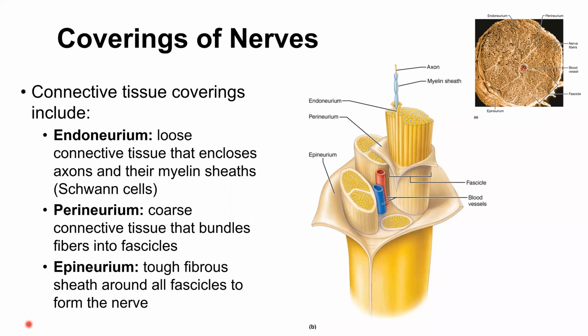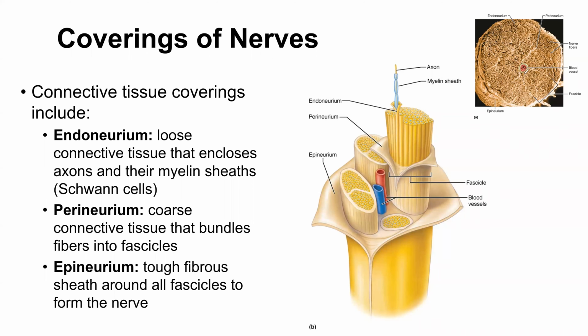So if you remember back to the muscle tissue lecture, we have our myofibrils that are wrapped up together into sort of these functional units, which are then wrapped up into other bundles, which then created our whole muscle. And the nervous system is really similar to that. So we have some connective tissue coverings here, including our endoneurium.